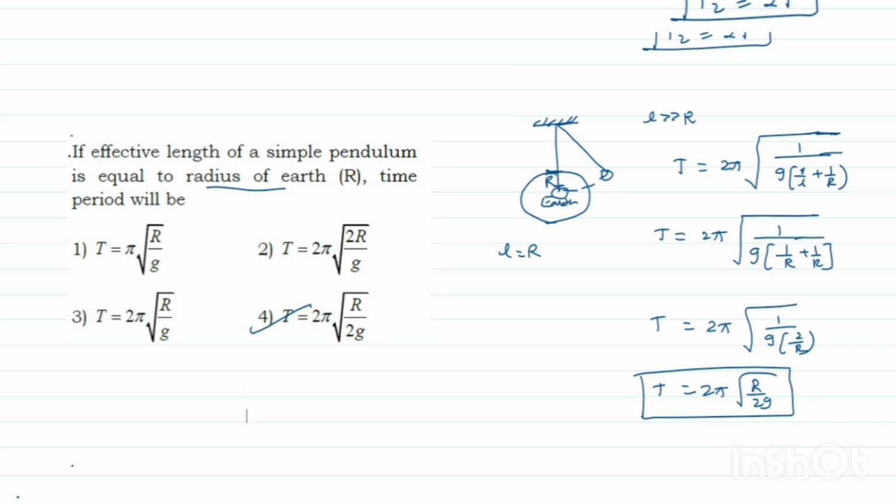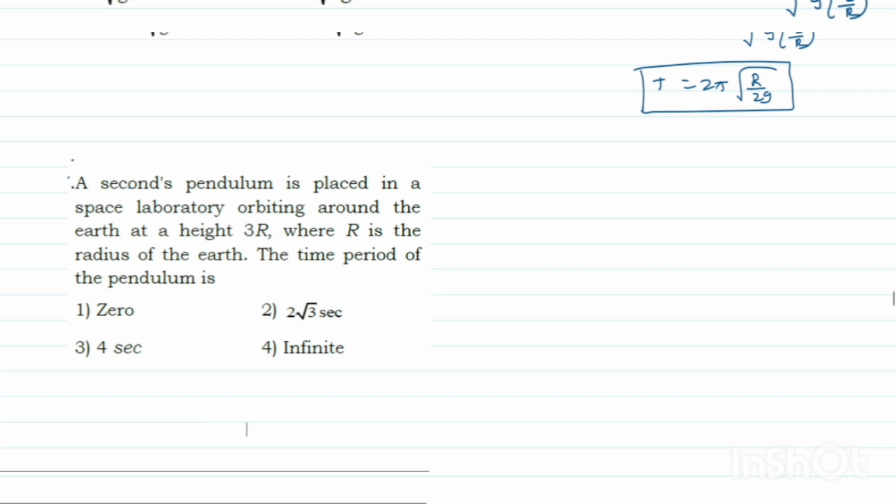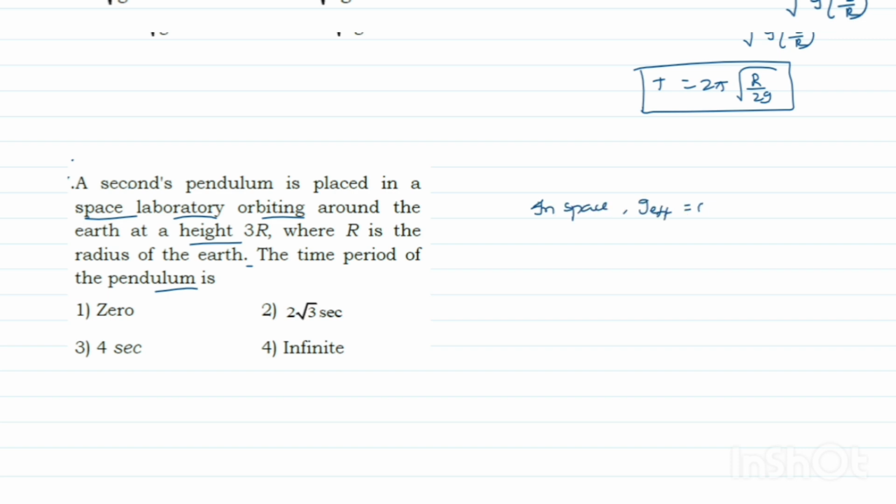Let us see the next question. A second pendulum is placed in a space laboratory orbiting around the Earth at a height of h equals 3R, where R is the radius of the Earth, and they are asking for the new time period of the pendulum. In the space laboratory, remember students, the effective g value will be 0.